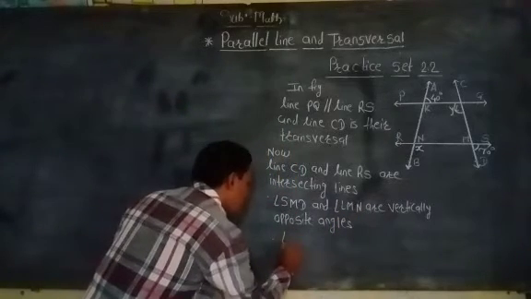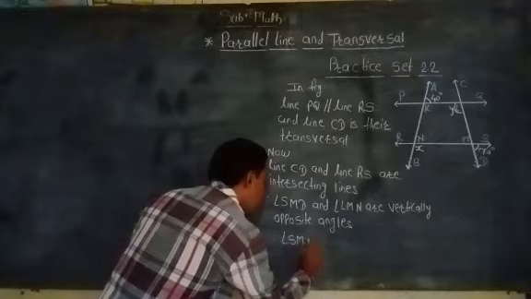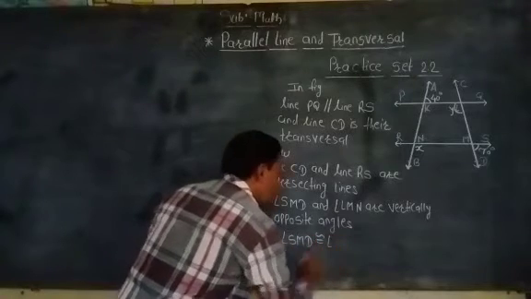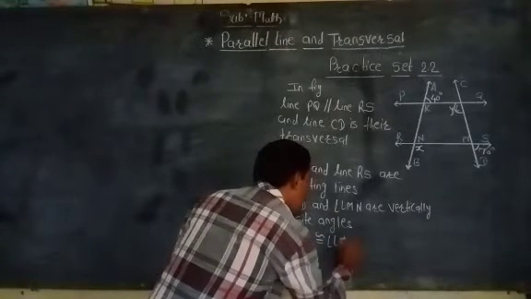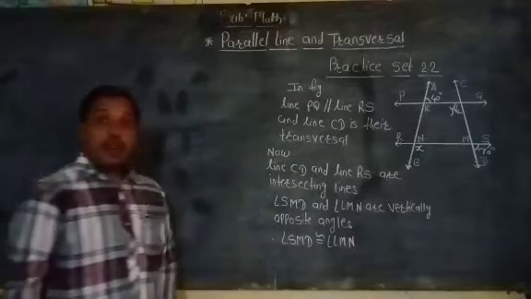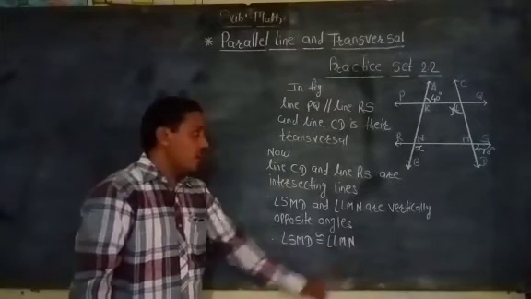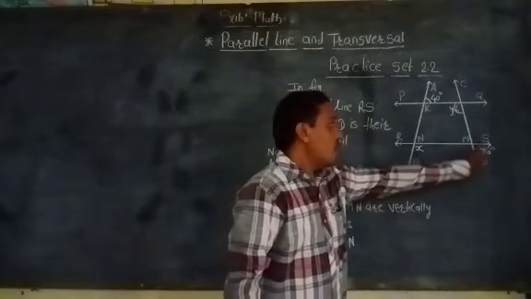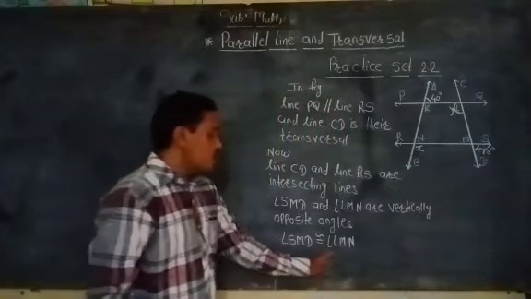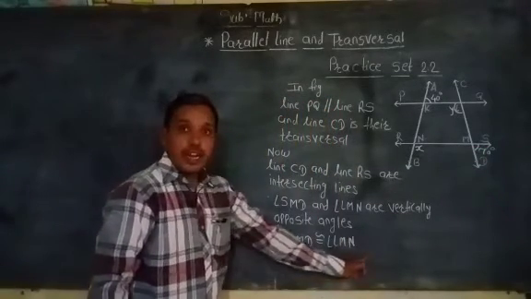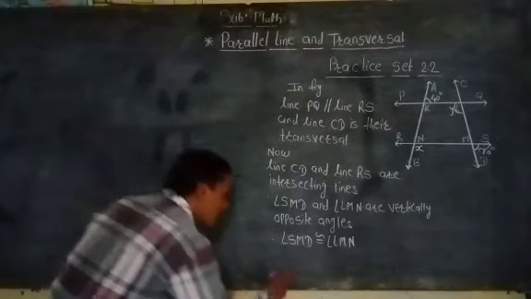So angle SMD is congruent to angle LMN, and the measure of angle SMD is 70 degrees, and that is why the measure of angle LMN is also 70 degrees.